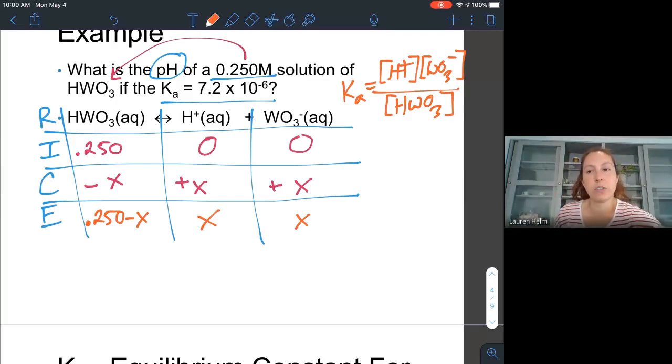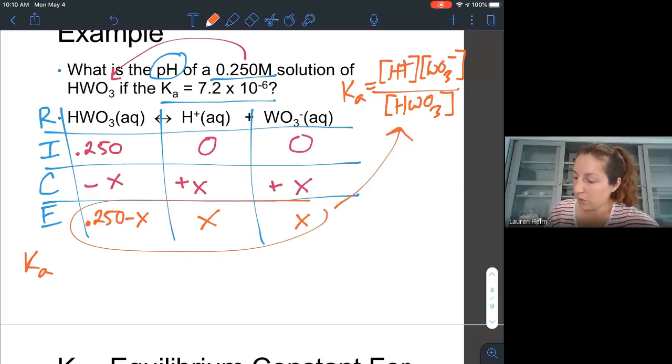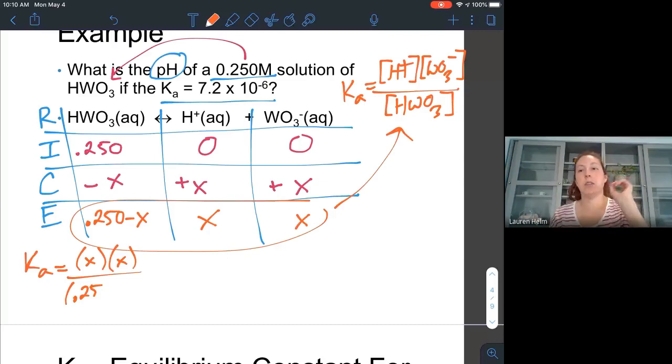All their coefficients are 1, so I'm neglecting to write the 1. All right. I'm going to plug our equilibrium values into that expression. So I get Ka is equal to X times X over 0.250 minus X. All right, here's where I'm going to stop.